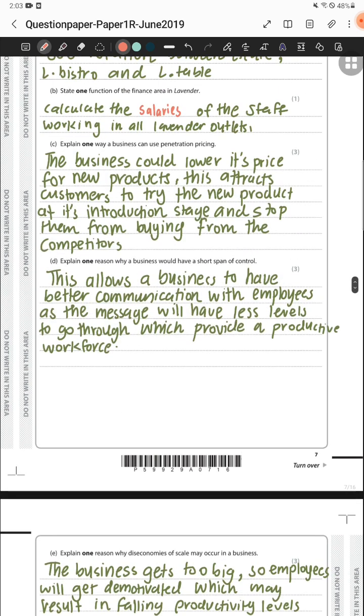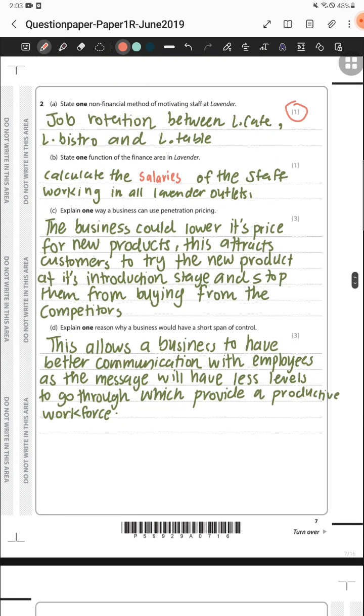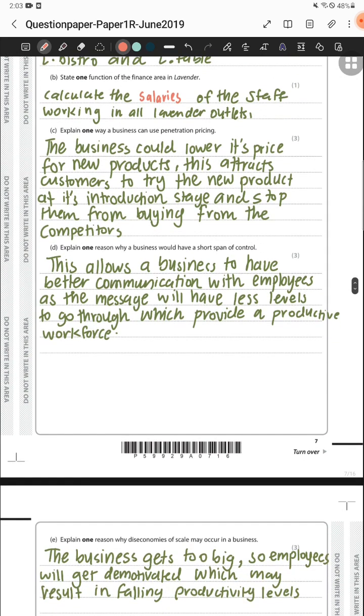Especially here, you see that Lavender has many outlets, so making their span of control shorter is better, even though it's hard because they have a lot of areas for the business. But making it short makes communication more effective, and generally the tasks performed by the employees are handled way better.